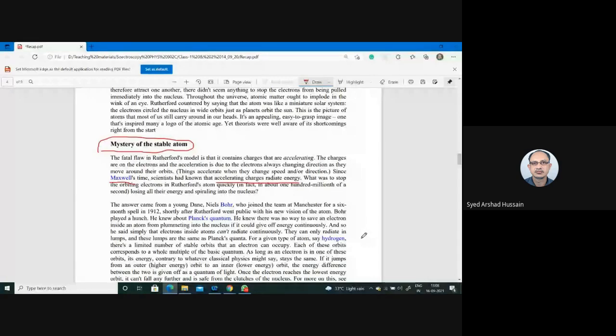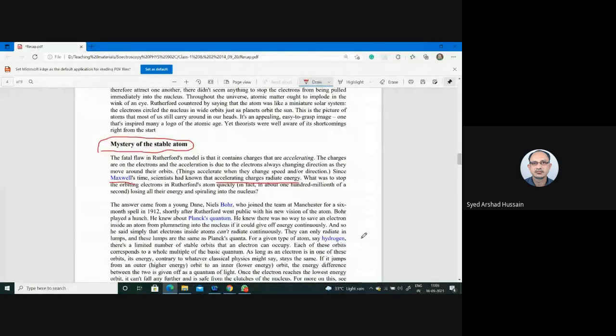These lumps or amounts are the same as Planck's quanta. So he suggested this, and based on his observations, he suggested some kind of hypothesis.